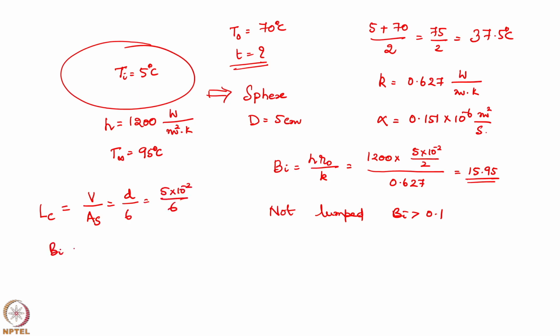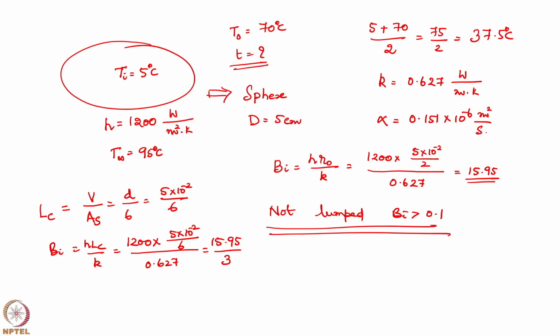Actually the lumped criterion, the Biot number h Lc by k, if you put 1200 into 5 into 10 to the power of minus 2 divided by 6 divided by 0.627, will be around 15.95 divided by 3. So, still this will be very high. The point is the Biot number will be higher than 0.1, so it is not lumped.